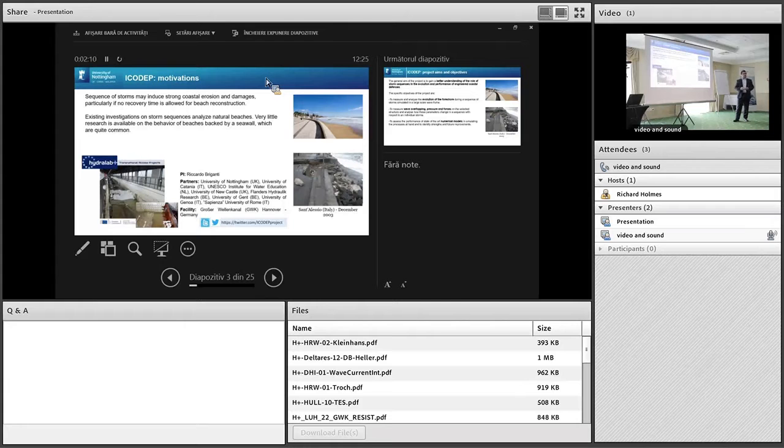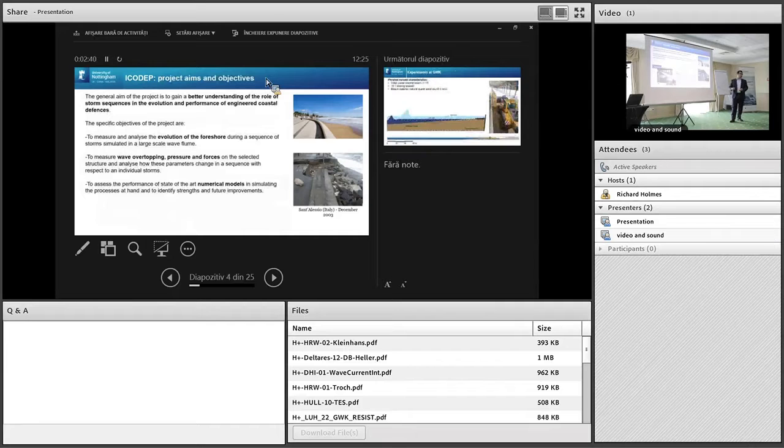So this is what I just said. Basically, you have storms that even though they are not the most energetic, in a sequence they will do the highest damage. So we wanted to see how this translated in engineered beaches, and we chose a beach foreshore with a seawall. A seawall in the UK is the quintessential Victorian age defense, and there are many surviving, but these two examples are in Italy, in a microtidal sea, so this is relevant all over Europe.